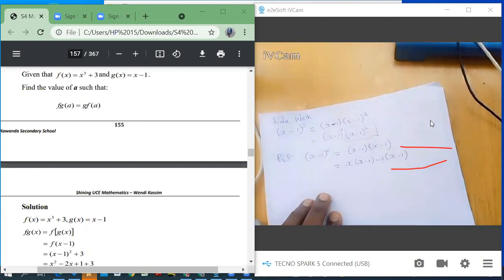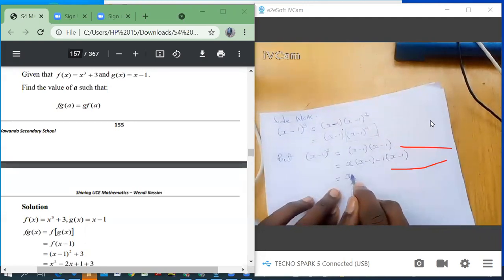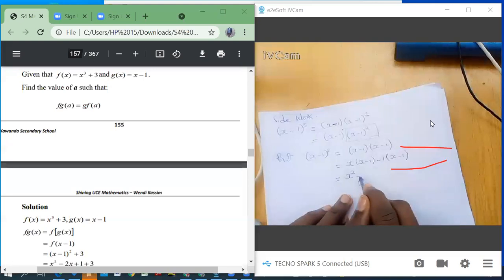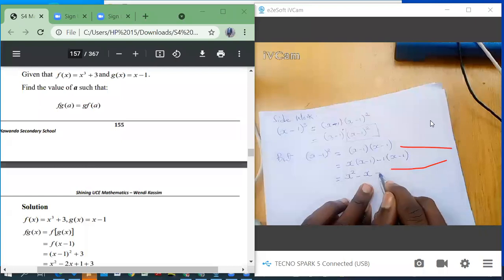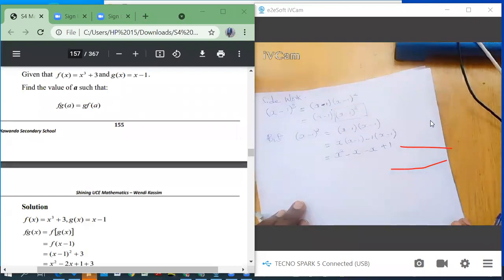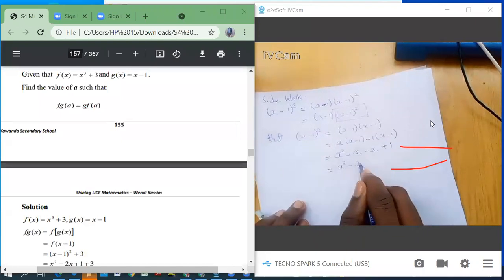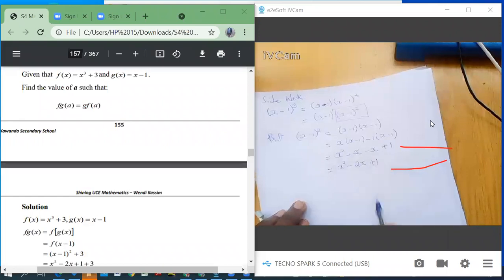Open that. What do you get? We get x squared minus x, then minus x plus 1. So we get x squared minus 2x plus 1.